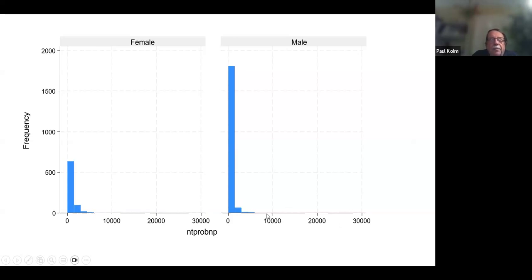In fact, as I remember, the smallest value for either one is like 5 or 6, but there are values out here in the 20,000 range, and one that I think is 29,000. So the actual distribution is extremely right skewed. Okay.